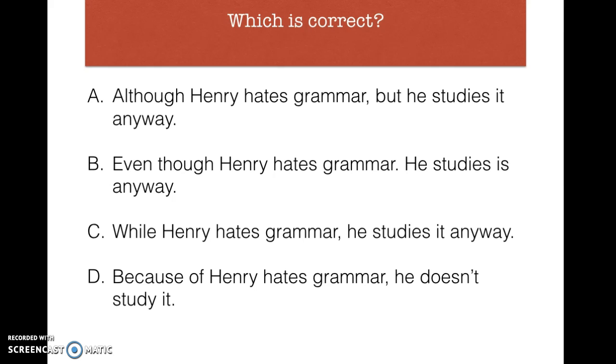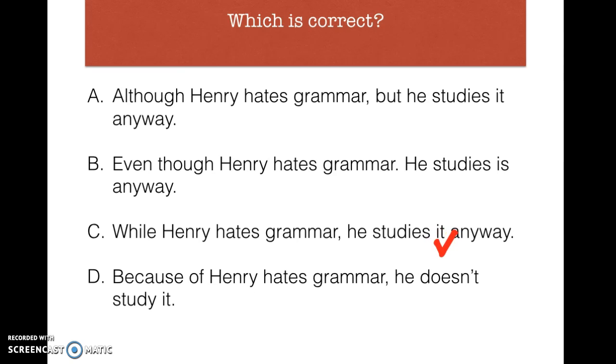The next one, although Henry hates grammar, he studies it anyway. You can see here that there's a period after grammar, and that creates a fragment. Although Henry hates grammar is not a full sentence, that cannot be finished with a period. But we do see in C, while Henry hates grammar, he studies it anyway.